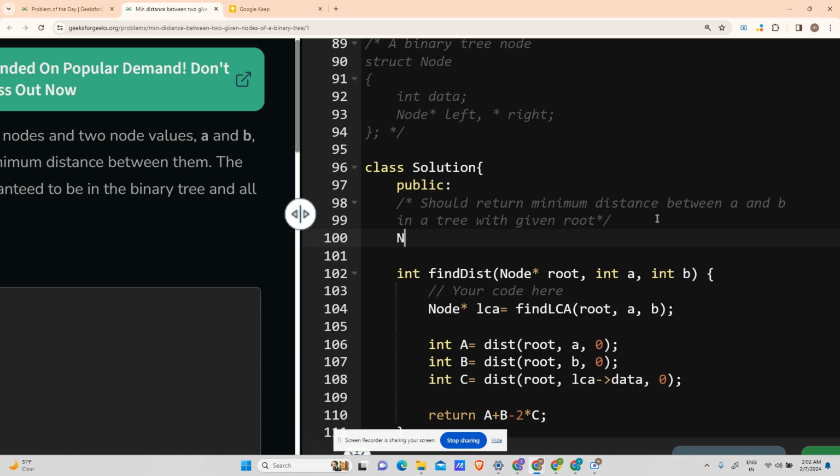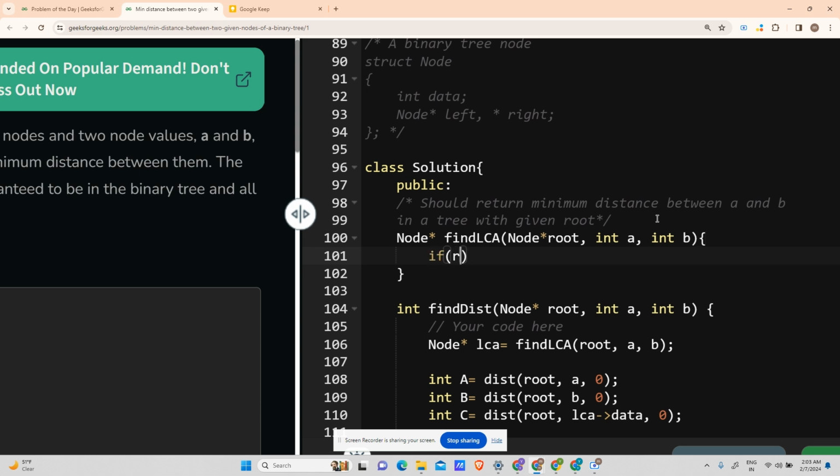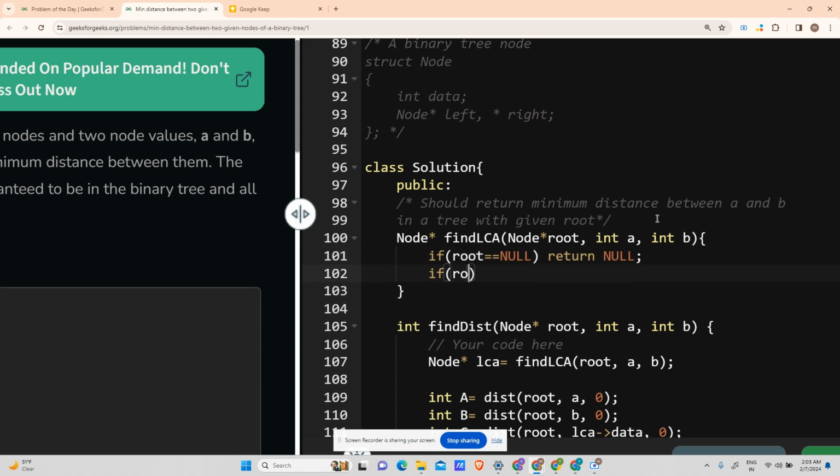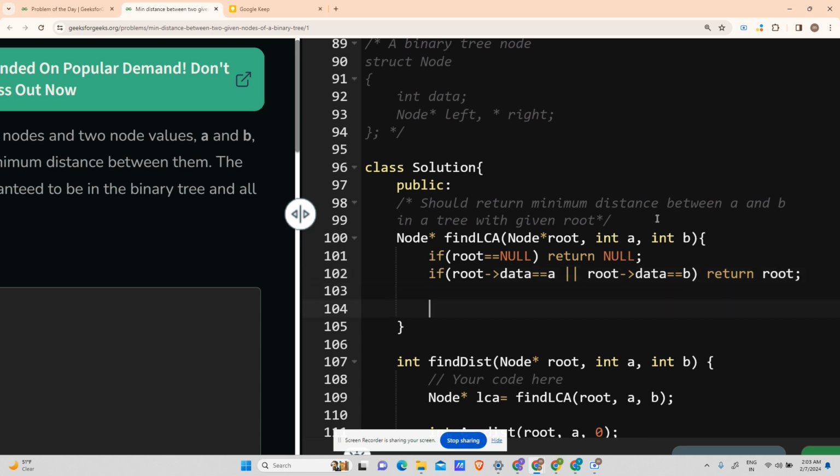So node star findLCA taking node star root, int A, int B. First case was if my root equals null, in that case, return null. Other case was if my root's data equals A or root's data equals B, in that case, return root only. These were the steps.